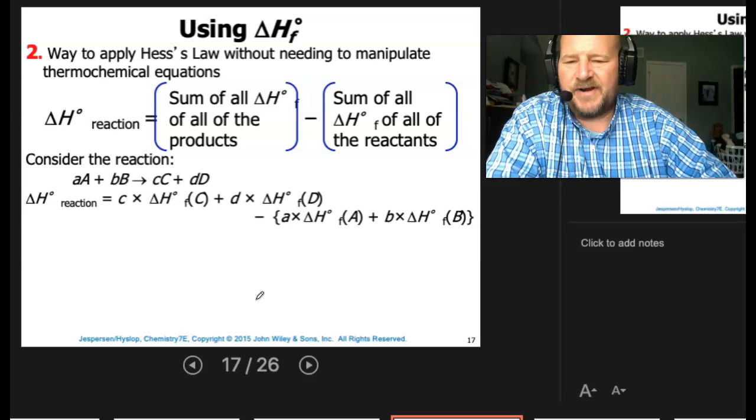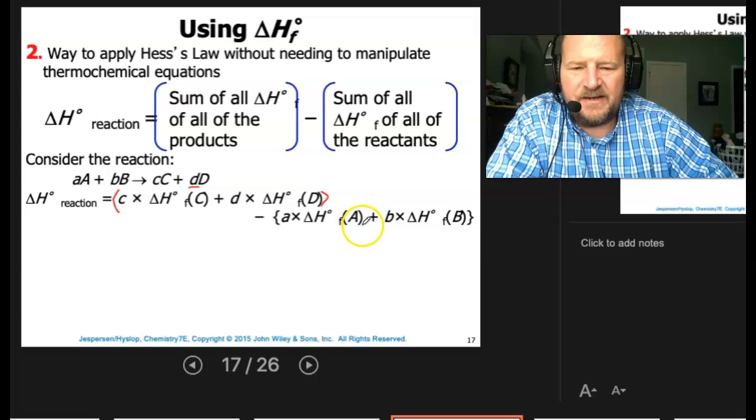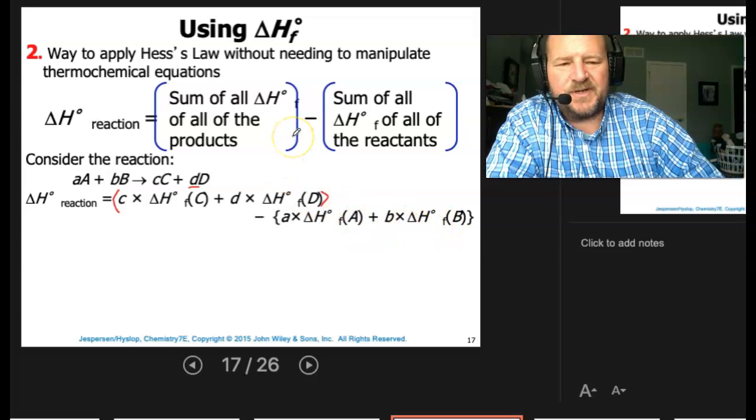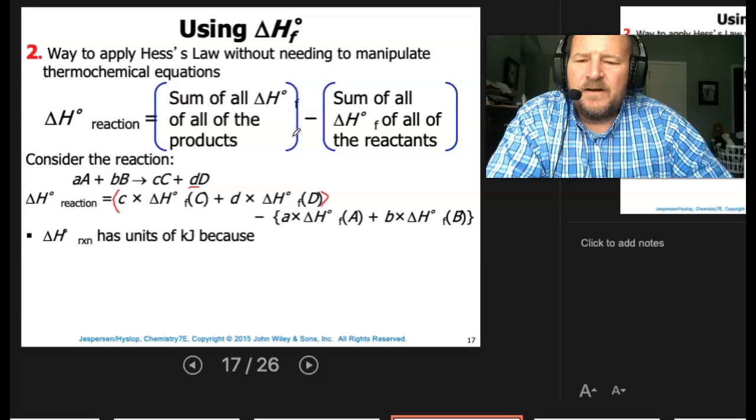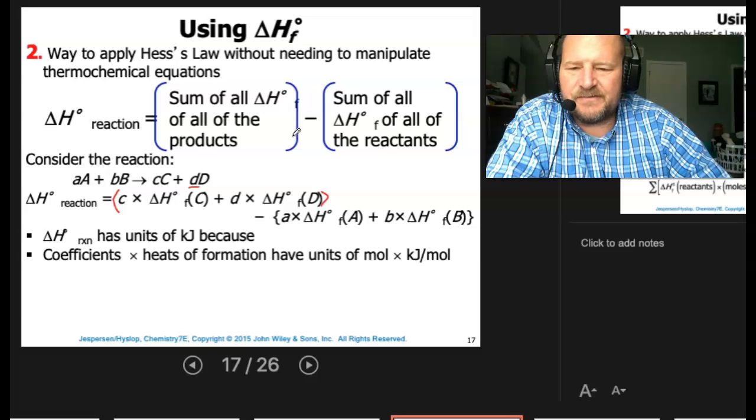So the delta H for that reaction would be c times the delta H of C plus d times delta H for the formation of D. We'll sum that. Then we'll subtract from that the reactants, a times the delta H of A and b times the delta H of B. At this point you have the units of kilojoules because all of these are per mole, and the moles cancel out with their coefficients, right?